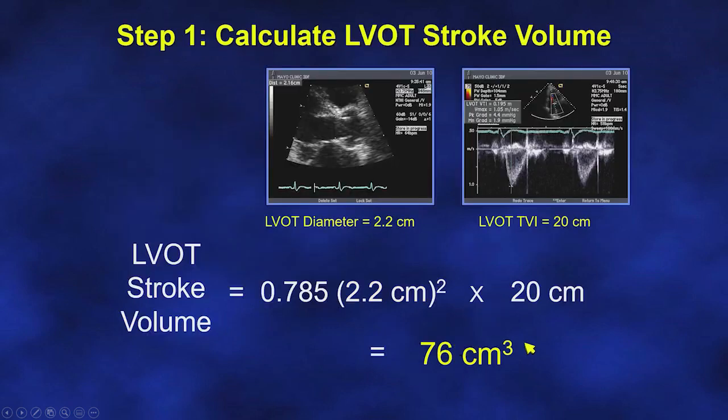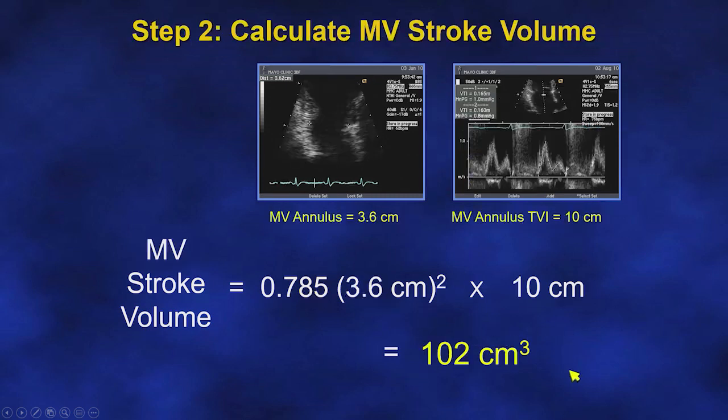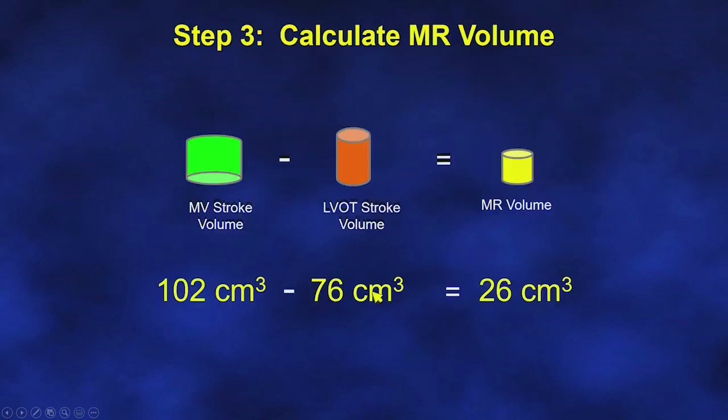Now you can use the continuity equation as well. So once again, we'll calculate stroke volume in the LV outflow tract. We'll calculate the mitral stroke volume. And we subtract the LV outflow tract stroke volume from the mitral valve stroke volume, and that gives us a regurgitant volume of 26 cc's, very similar to the 22 cc's we had with the PISA.